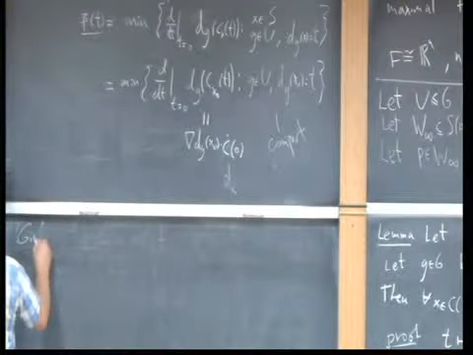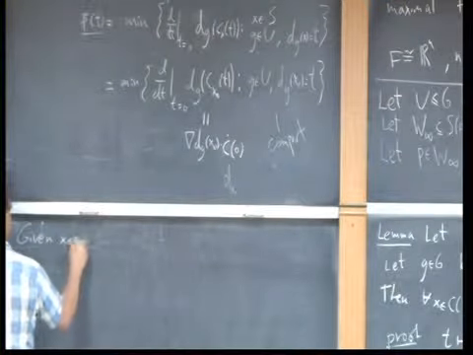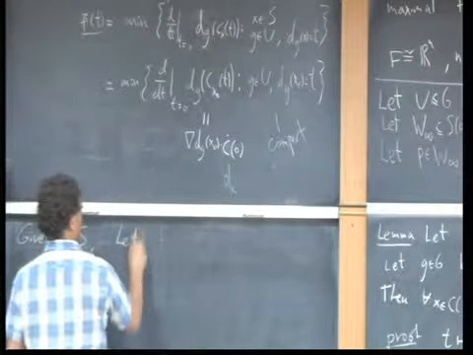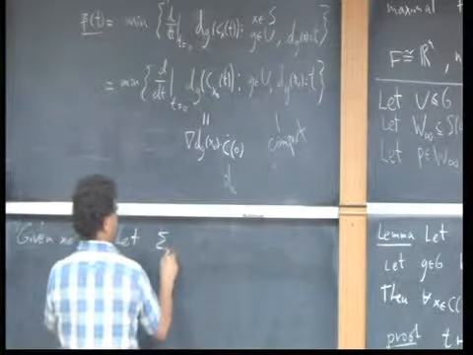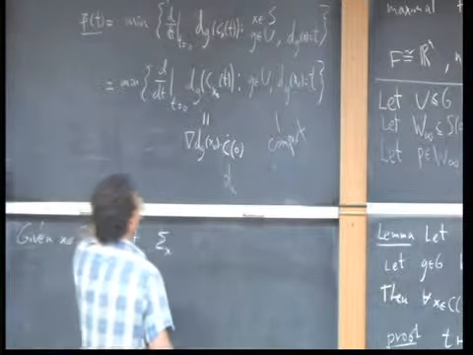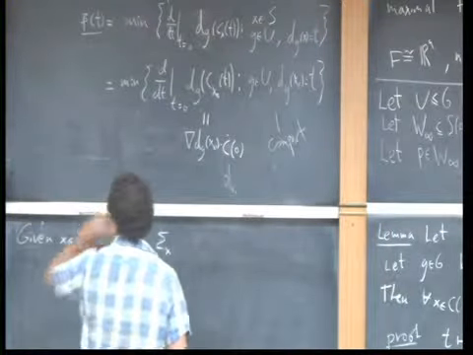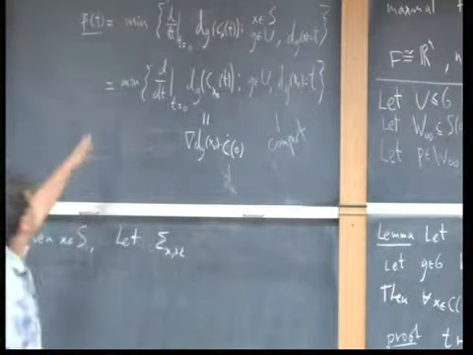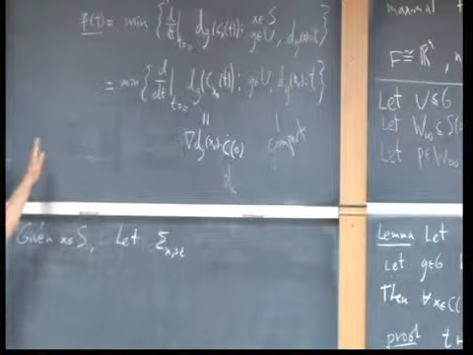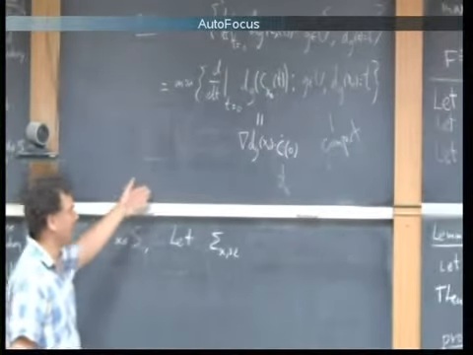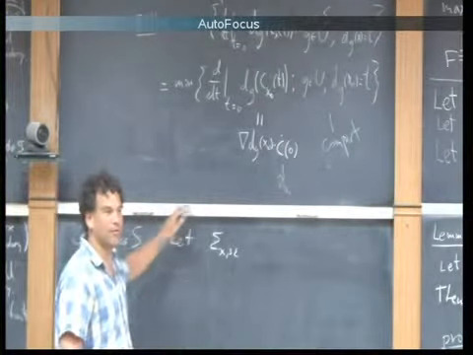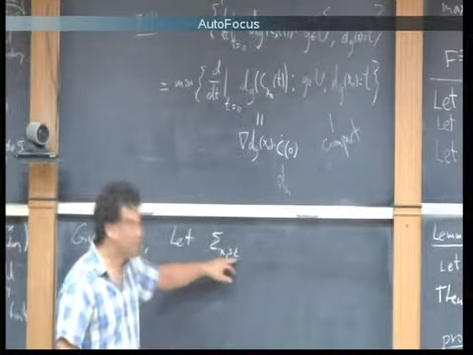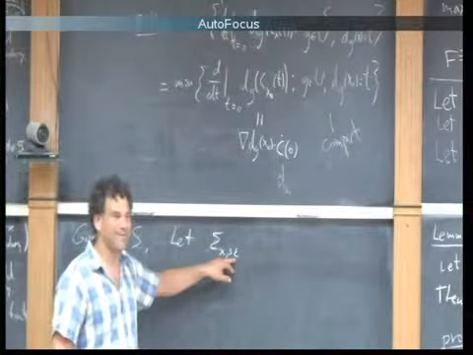Given x inside S, let sigma x 3 epsilon be... I need 3 epsilon. Okay. So in the beginning of the proof, forgive me, I wrote that I take epsilon to be 1/2 of the modulus lemma, but I meant 1/3 of the modulus lemma. So I needed 3 epsilon still satisfies the modulus lemma.